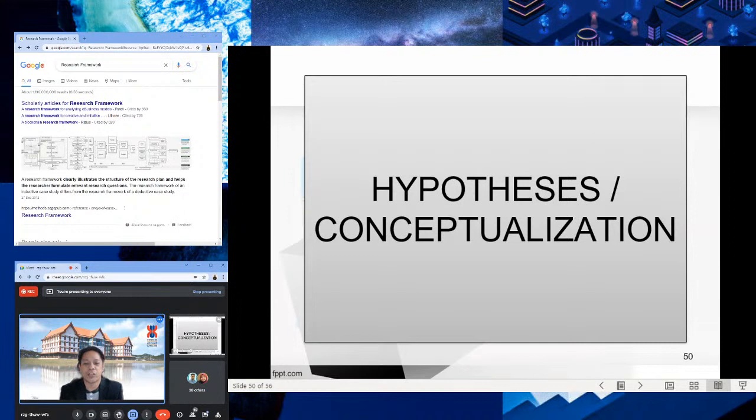When we start to conceptualize and develop the hypothesis, we need to be very clear about what we are doing. Of course, we're not clear at the beginning. We start with some problem. It's a problem-based approach.